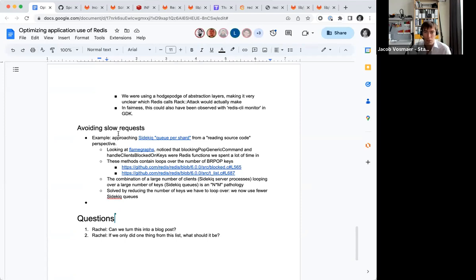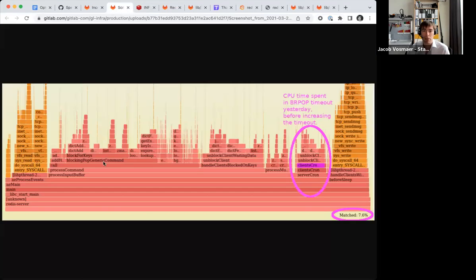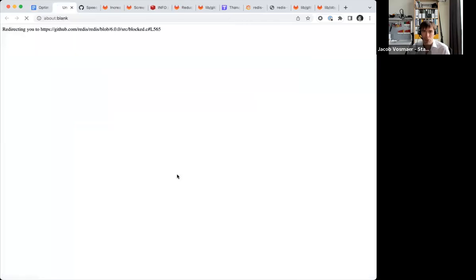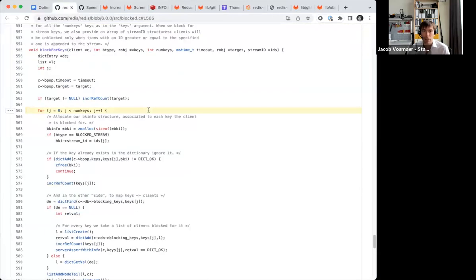In the case of Kuber shards, this was a team effort, and we approached it from multiple angles, and it was also experimentally validated by Craig Miskell at the time. But this was also something you could see by looking at the source code. In the flame graphs, you could see time spent in the functions block for keys and unblock clients. Then if you start reading the source code, you start seeing that this is a loop over the keys.